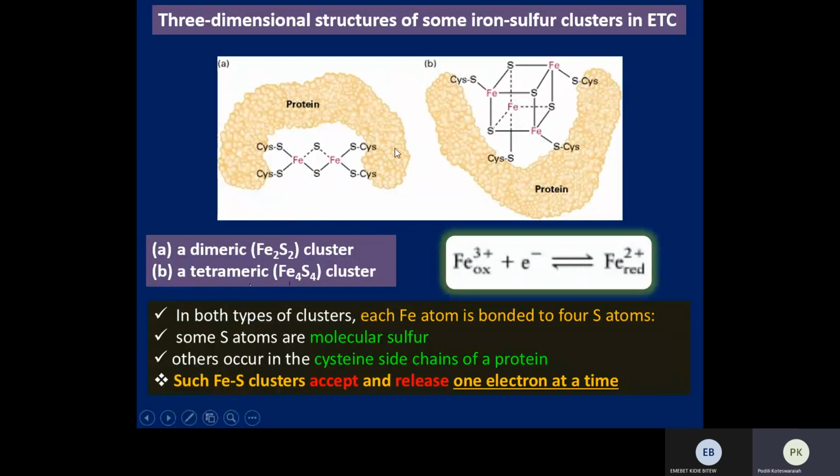In both cases, during electron transfer, they take one electron and release one electron at a time, because the iron switches from one oxidation state to another. In the Fe3+ state, when it takes one electron, it becomes Fe2+. Again, if it releases the electron to the next carrier, it is oxidized back to Fe3+.